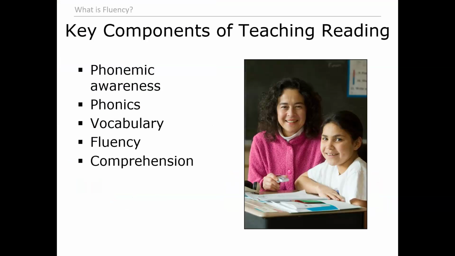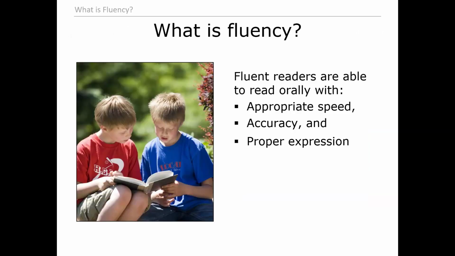We also know that students are accessing a core reading program that has all 5 of these areas so that they can learn to read. But some students need extra help in phonics or fluency or comprehension. If they need that additional intervention, these are supplemental programs that can work side by side with that core reading instruction that's being provided.